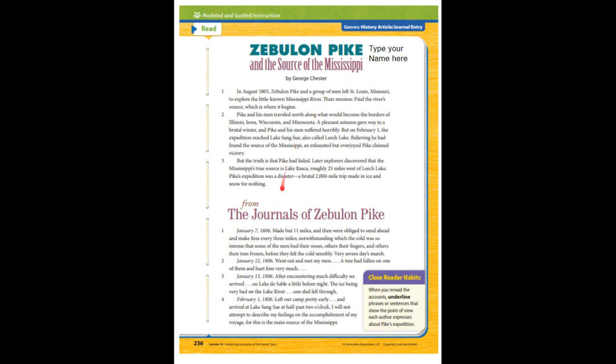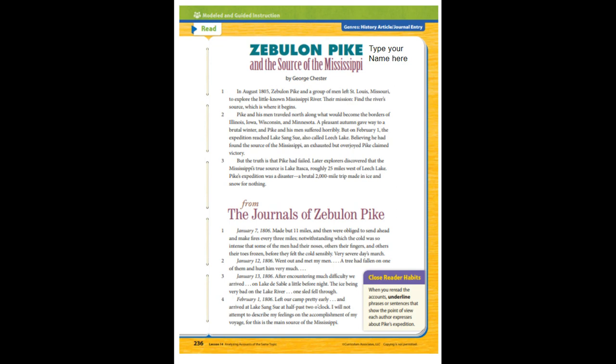And then down here, this title says From the Journals of Zebulon Pike. A journal is almost like a diary. So this is Zebulon Pike's journal entry, or him just writing in his diary about his own expedition or voyage. So we're going to have this point of view versus his own point of view. I really want us to pay attention to that as we move throughout this lesson.